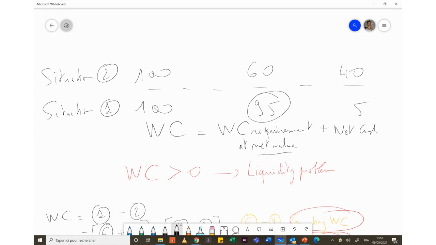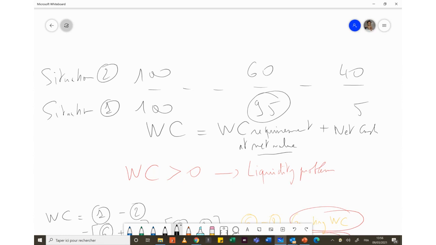You can reduce the working capital because one part of the working capital requirement will not be paid. So you reduce the value of the accounts receivable at net value, you reduce the working capital, and you don't have the cash effect.